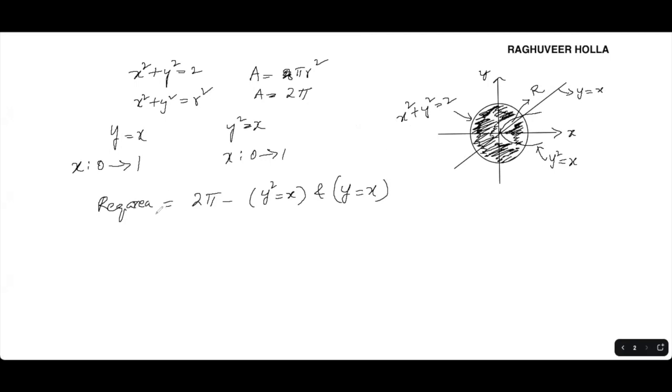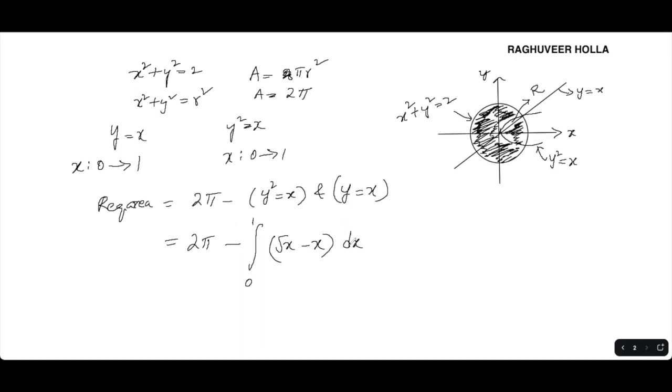The required area is 2 pi minus the integral. As I said, x ranges from 0 to 1, and y square is x, so root x minus x into dx.